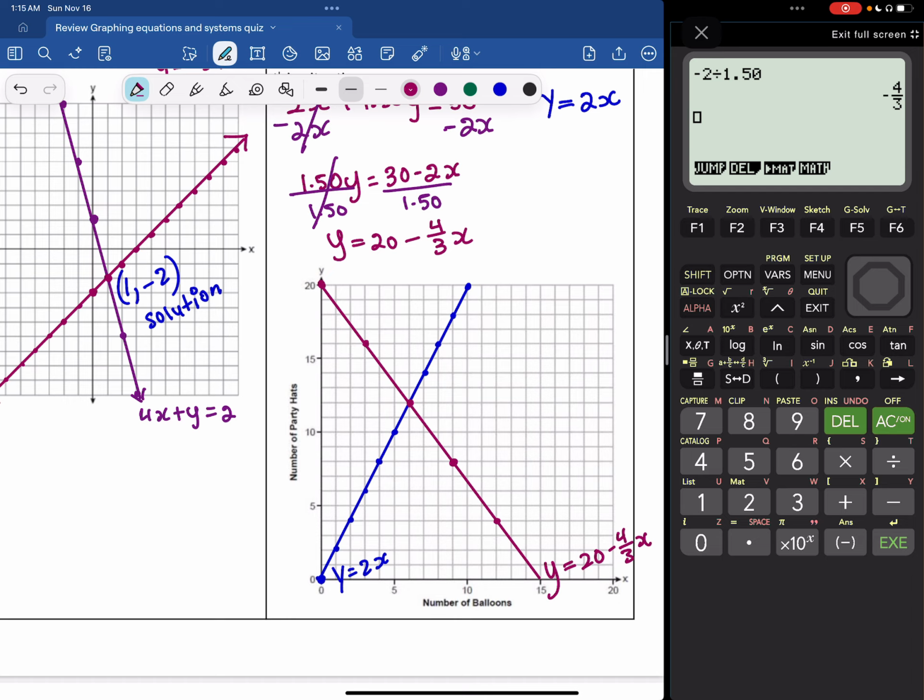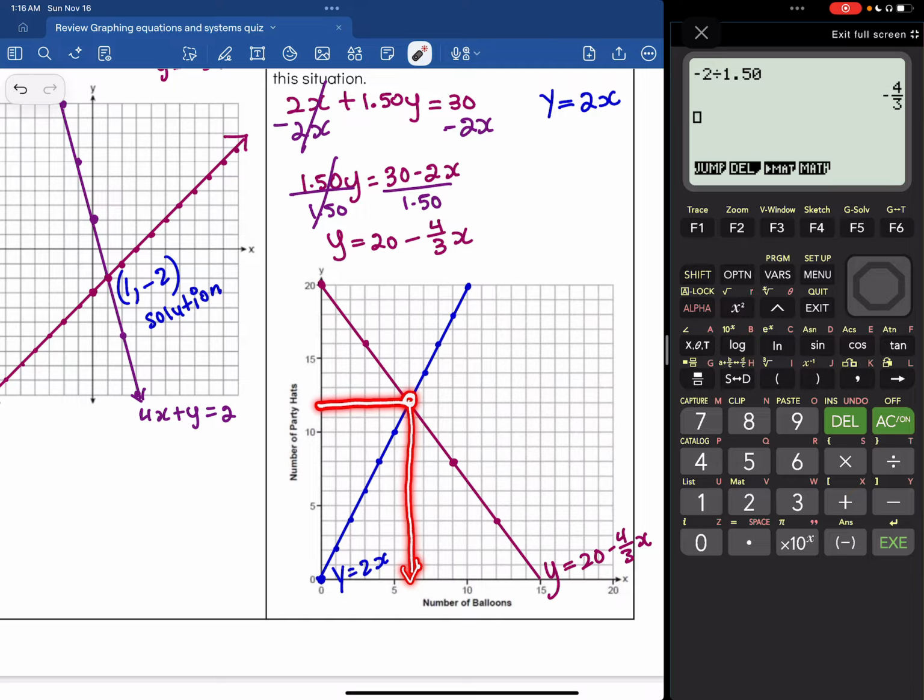Okay. And then we're asked to identify the solution, right? So again, obviously your solution is the point where the lines intersect, which is right here. What's that point? So that's on the x-axis, that's 6, and on the y-axis, that's 12. So our point here, our solution is 6, 12.